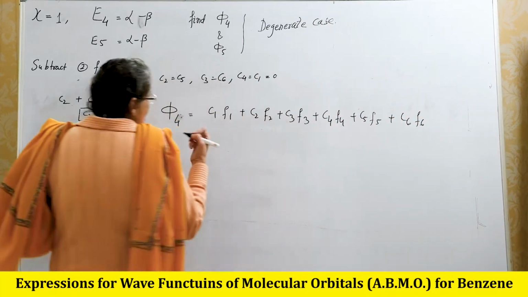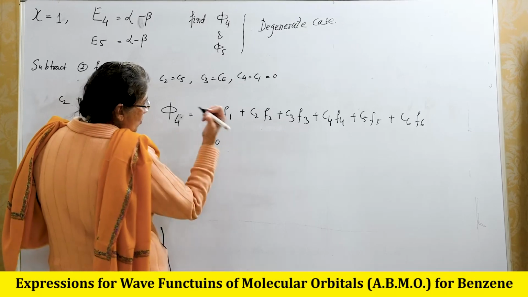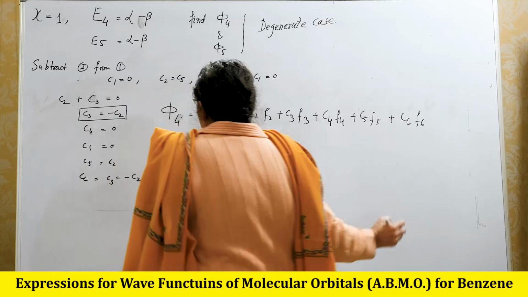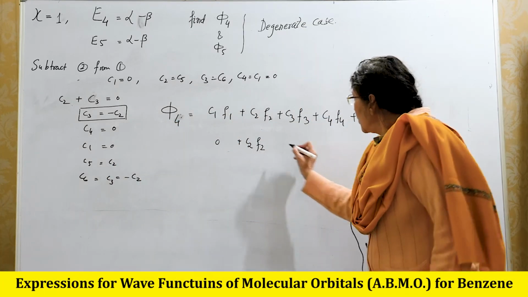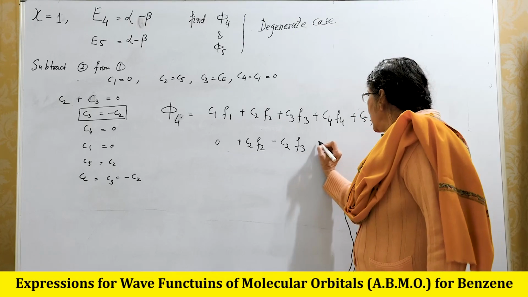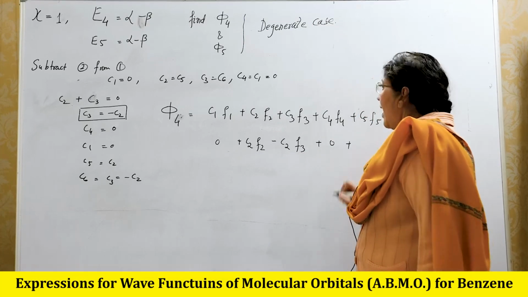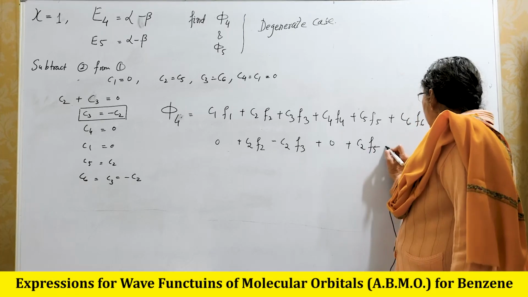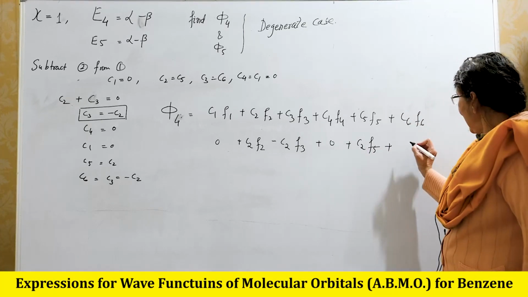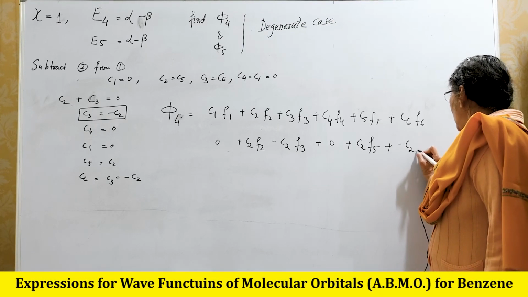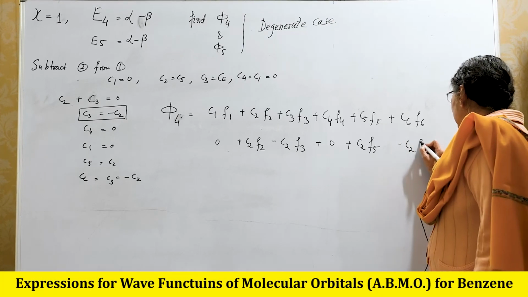So C1 is 0, then C2 F2, C3 is minus C2 so it will be minus C2 F3, C4 is 0, C5 is again C2 F5, and C6 is minus C2 F6.